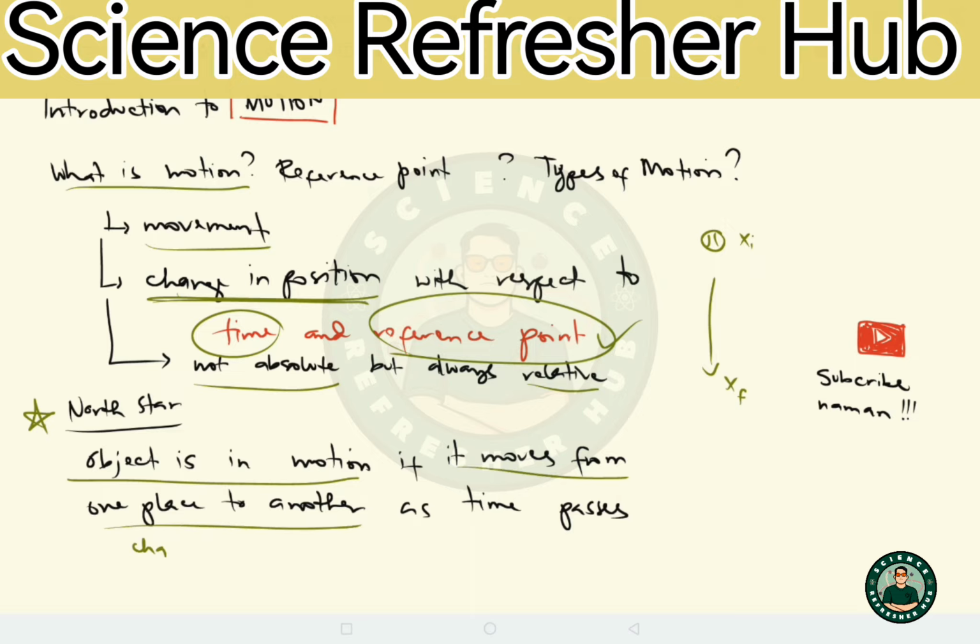So that's going to be the change in position as time passes with respect to a reference point. So we will be knowing what is reference point later on, and the types of motion will be separated. I will be making another video for that.